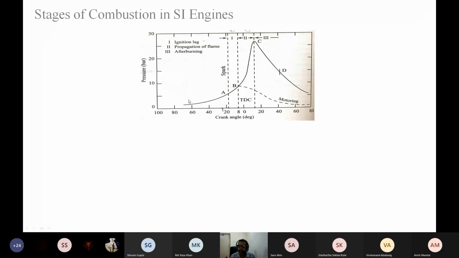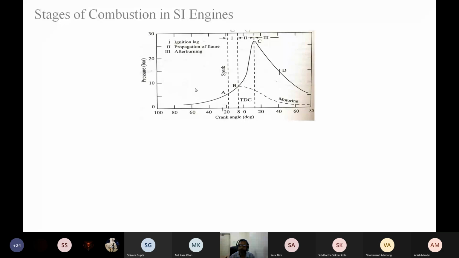In our theory class, I have already discussed how to measure the P-theta diagram, the variation of pressure inside the combustion chamber with respect to the crank angle.